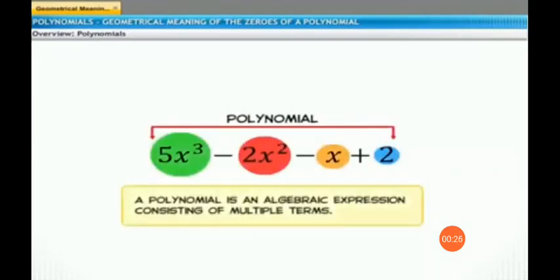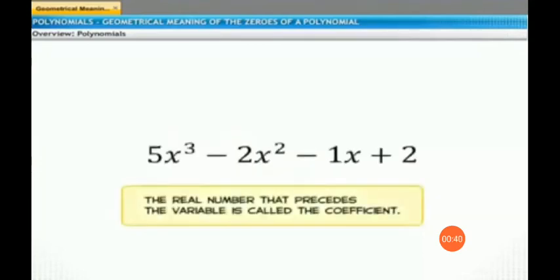A polynomial is an algebraic expression which consists of multiple terms. It consists of constants, variables, or the product of both, with powers also. A real number that precedes the variable is called its coefficient.